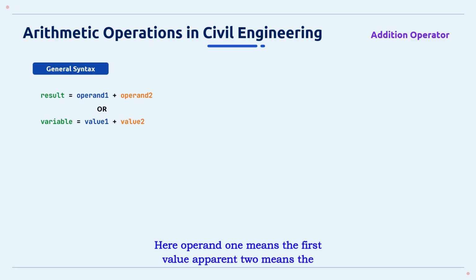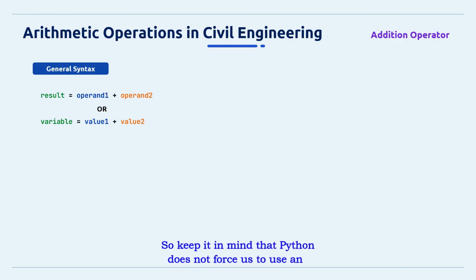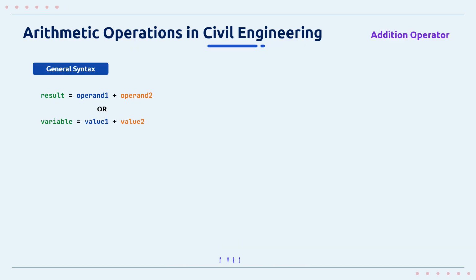Here, operand 1 means the first value, operand 2 means the second value, and the result stores the answer. We can also write it in another way: variable = value 1 + value 2. The variable name can be anything meaningful. For example, total, sum, marks, area, volume. So keep it in mind that Python does not force us to use any particular variable name.